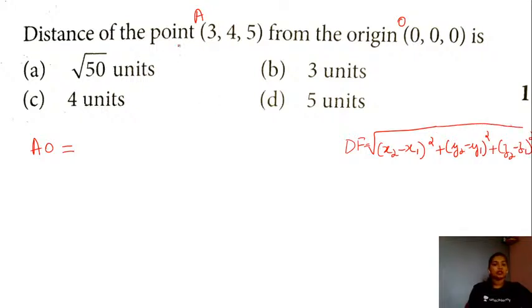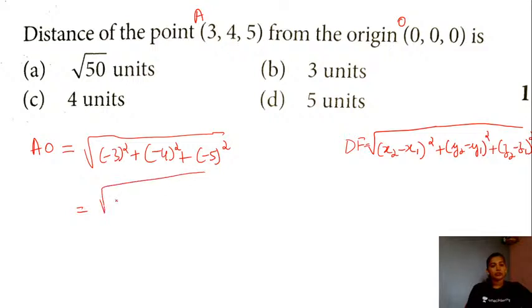We are looking for the distance of point A from the origin. This is the square root of (0 minus 3) the whole square, that is minus 3 the whole square, plus (0 minus 4), minus 4 the whole square, and (0 minus 5), minus 5 the whole square. So the values are minus 3 the whole square, that is 9, minus 4 the whole square, that is 16, plus minus 5 the whole square, which is 25.